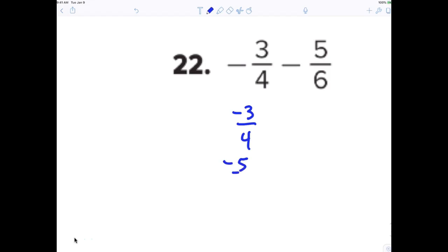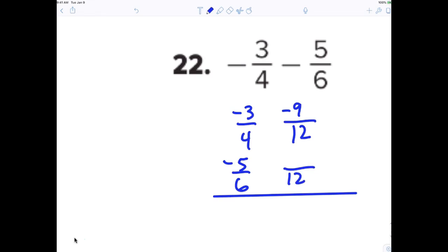-3/4 minus 5/6. So if I do a 12, what does this become? What type of 9? And the bottom fraction becomes what kind of 10? Right.